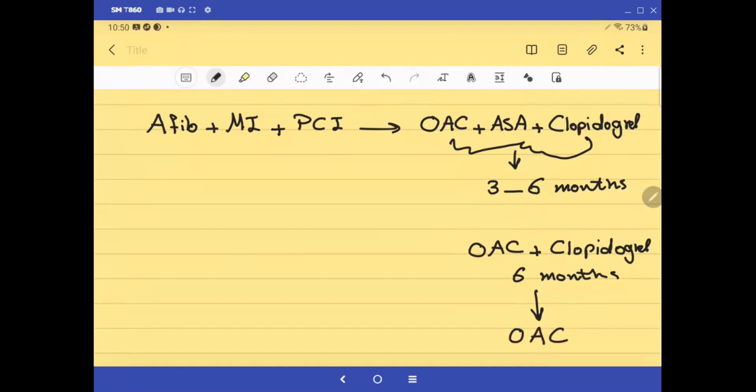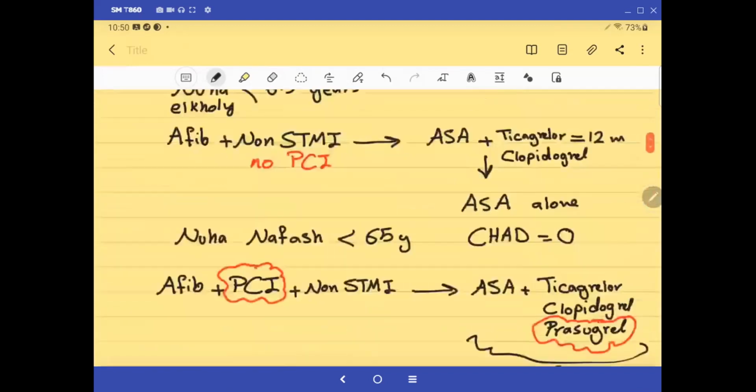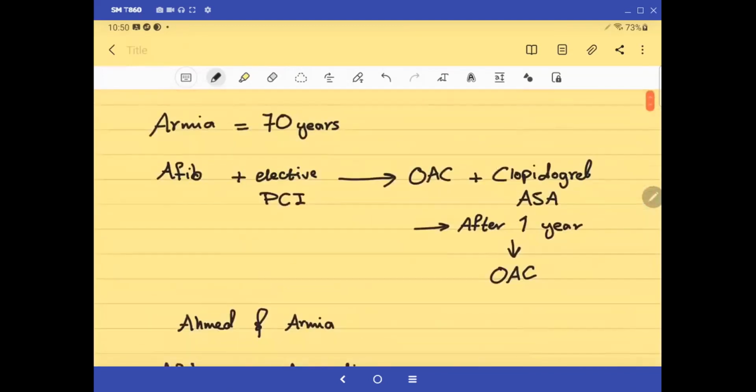So now if we come to reiterate the scenario, Ahmed and Armia had atrial fibrillation with recent elective PCI.